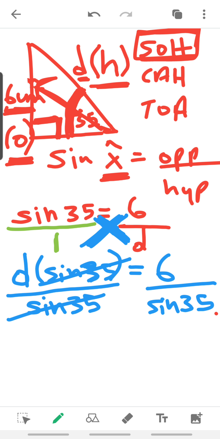In the same way as if we had something like 2x is equal to 4. All we have to do to get rid of that 2 that's next to the x is divide both sides by 2. So it's the same concept. Anytime you want to get rid of something directly next to the x or next to the unknown, all we're going to do is divide both sides by whatever we're trying to get rid of. So that's why we divide both sides by sine 35.